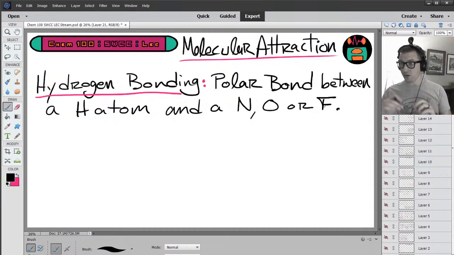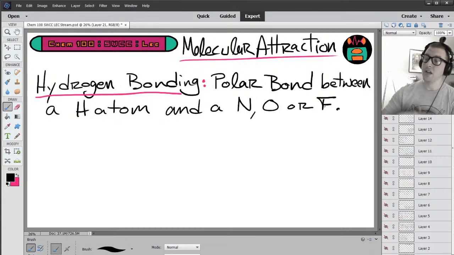If in your molecule you have a bond between hydrogen and either a nitrogen, an oxygen, or a fluorine, you will get this special type of molecular attraction known as hydrogen bonding.